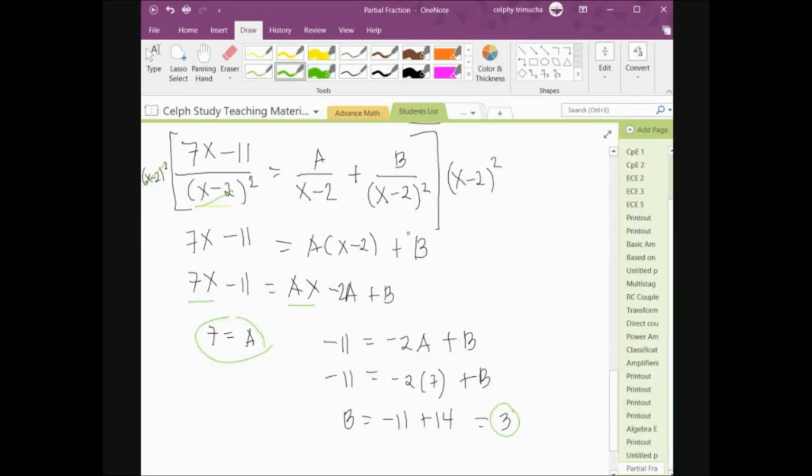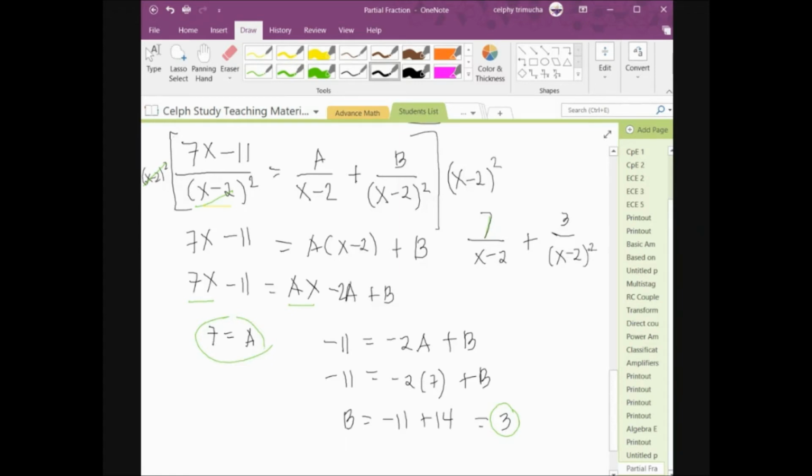So the decomposed form of our equation is: a is 7, so 7 all over x minus 2, plus b which is 3 all over x minus 2 squared.